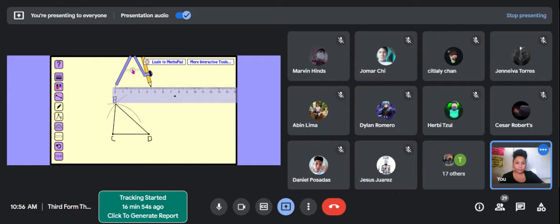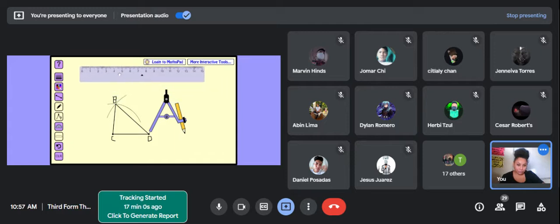Then you're going to set it at D and make an arc.